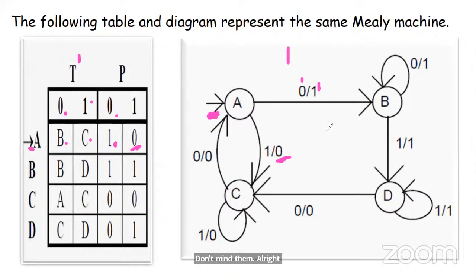All right, so going forward, I feel that this diagram is clear enough. That means I can give you either this diagram or this table. You can convert from this table to this diagram, or from this diagram to this table. And I can give you a set of strings to pass through this diagram. You should be able to do that. Am I correct?